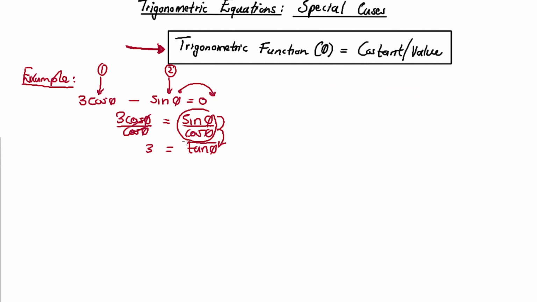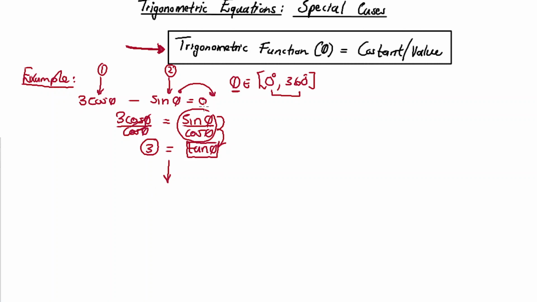Now I have a trigonometric ratio as a function of theta equal to some value. Now we can go ahead and solve this equation. In this example, it says theta is an element of 0 degrees to 360 degrees, meaning that theta should be between 0 degrees and 360 degrees.